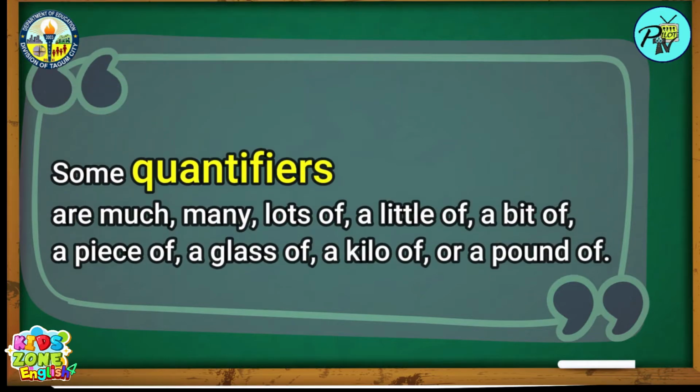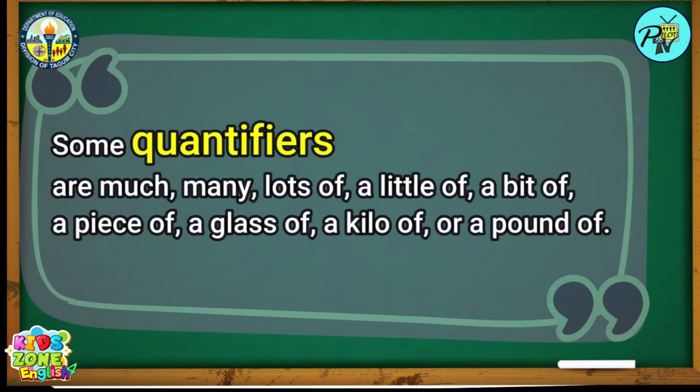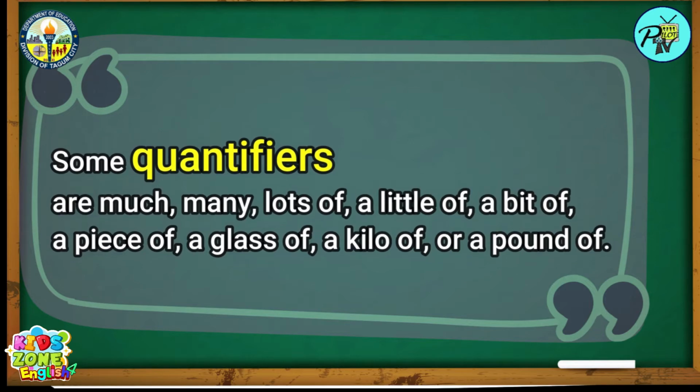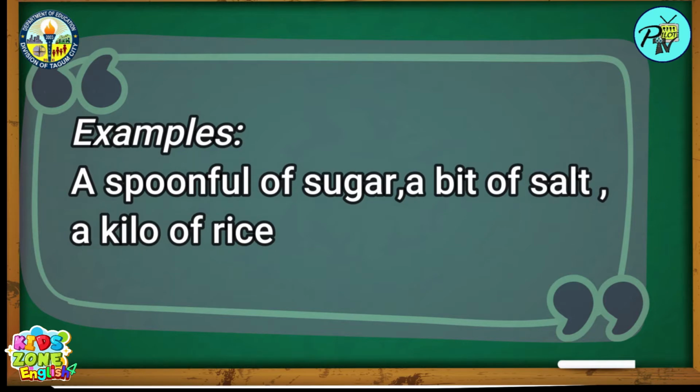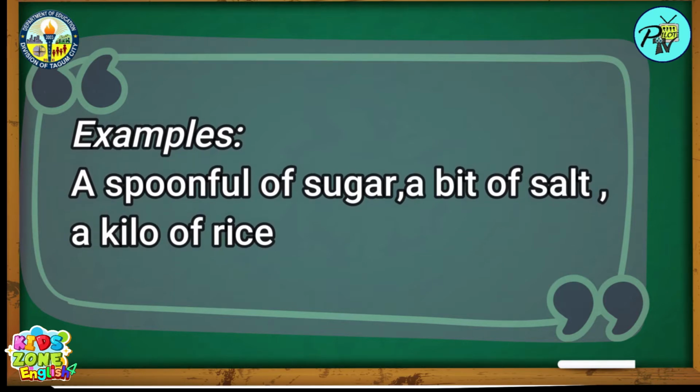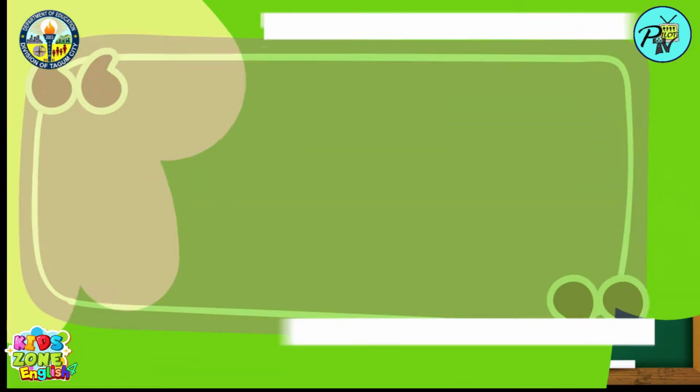Some quantifiers are much, many, lots of, a little of, a bit of, a piece of, a glass of, a kilo of, or a pound of. Examples: a spoonful of sugar, a bit of salt, a kilo of rice.